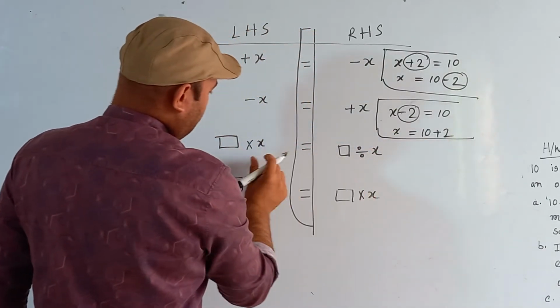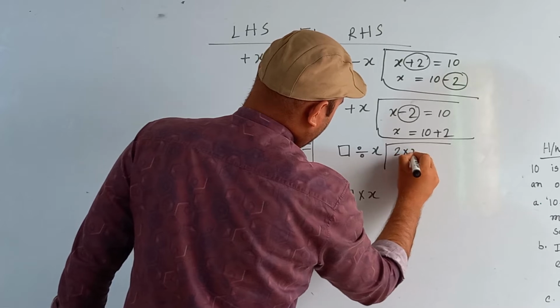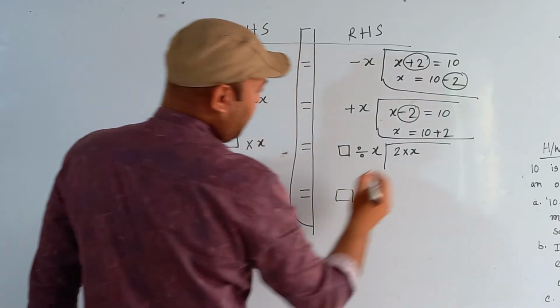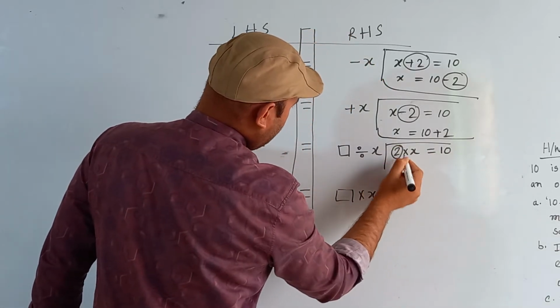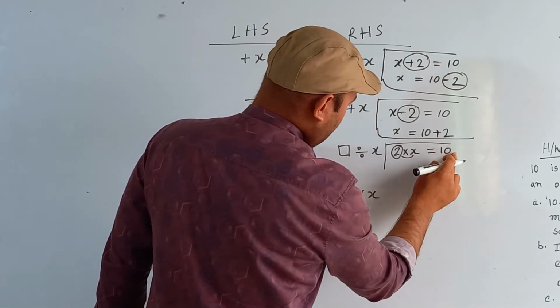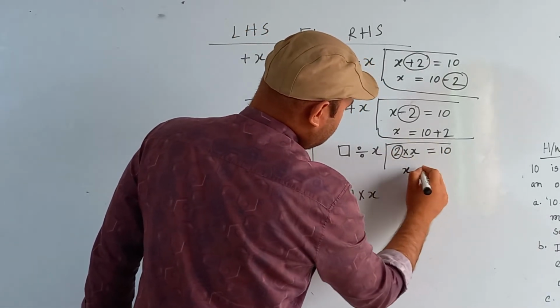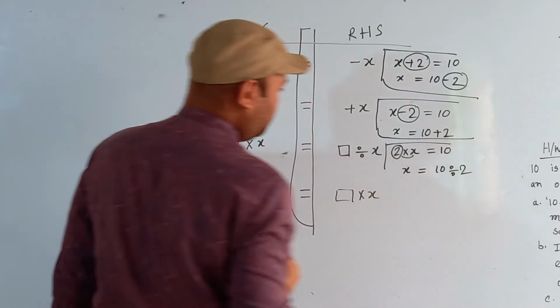And if I write the example 2 multiplied by x, 2 multiplied by x is equal to 10. Look here, 2 is multiplied with x. We want to convert this to the right hand side. So x is equal to 10 divided by 2.